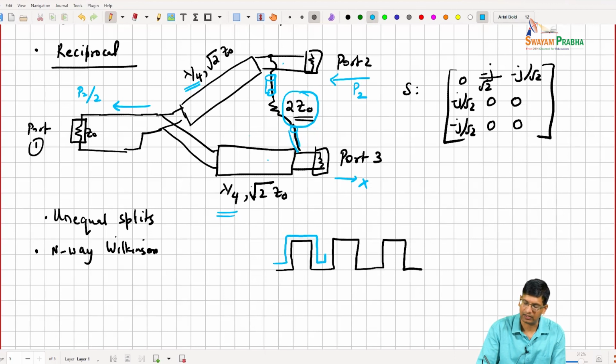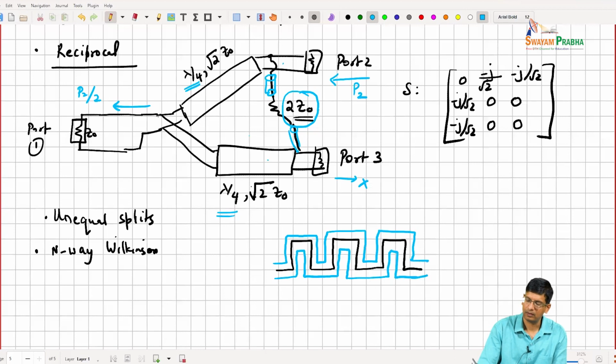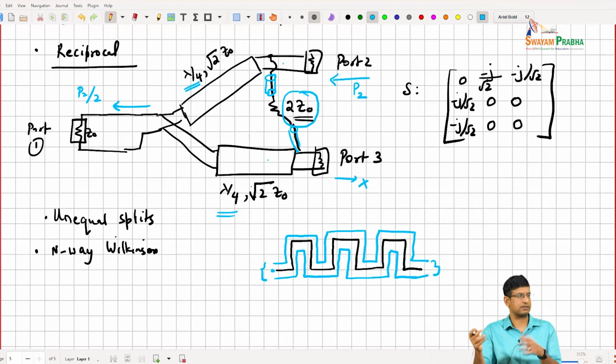My ground is also going to be like this. This is my sidewall ground, and this is the other sidewall ground. So I've now basically implemented a transmission line whose length is the total length of this signal trace.